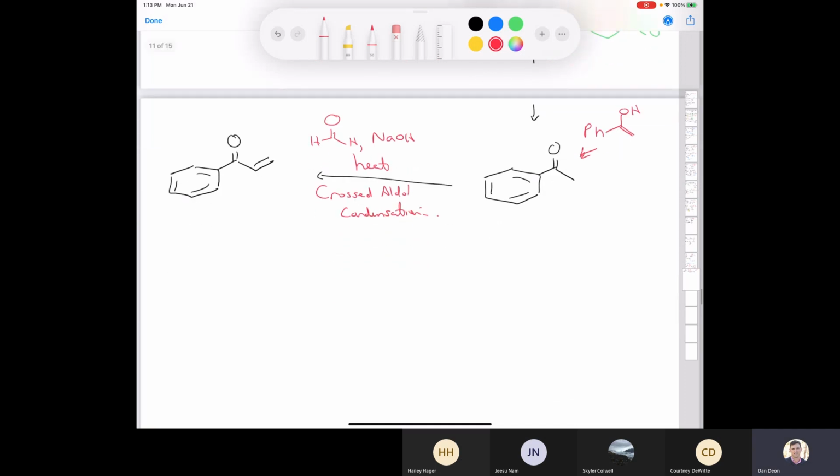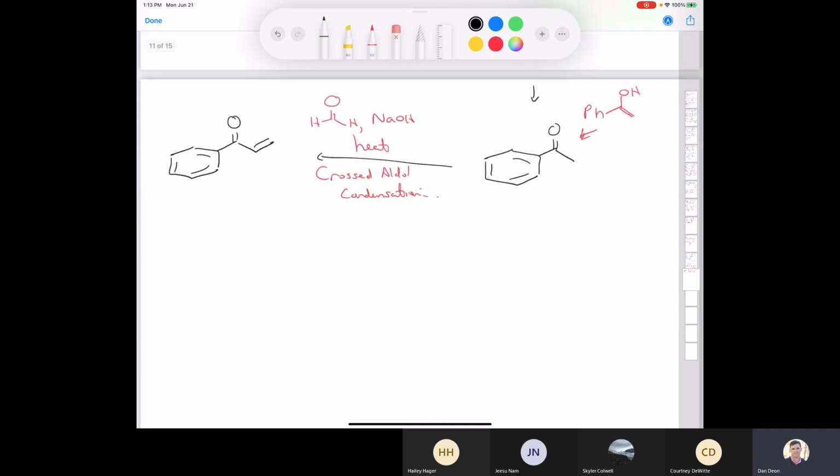And then after that, they want you to convert the Michael acceptor into this compound. So let me make sure I count my carbons correctly here. So you have 1, 2, 3, 4, like this. So essentially, you're adding 2 new carbons, right?